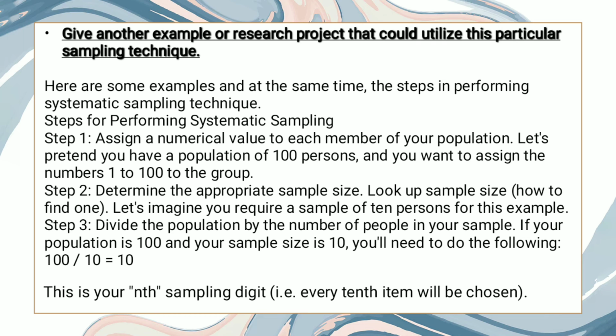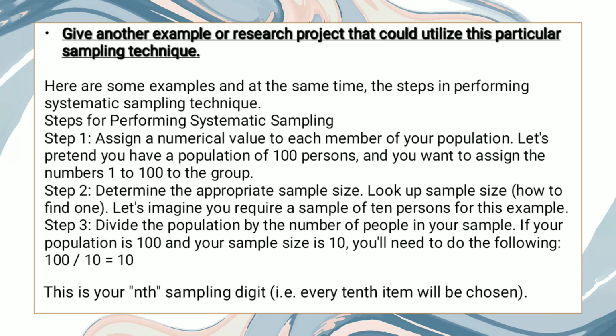Step 2 is to determine the appropriate sample size. Let's imagine you require a sample of 10 persons for this example. Step 3 is to divide the population by the number of people in your sample. If your population is 100 and your sample size is 10, you'll need to do the following: 100 divided by 10 is equal to 10.